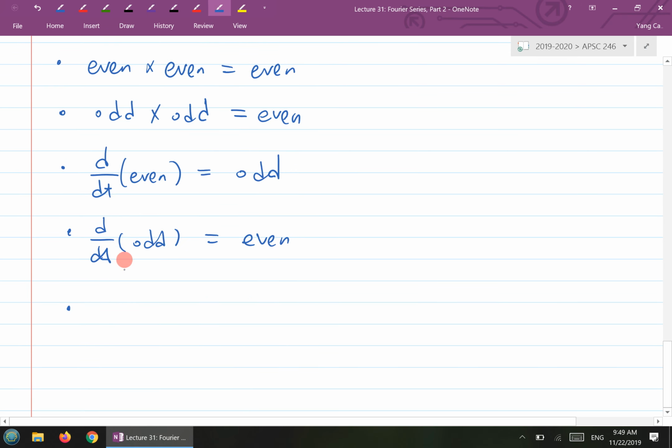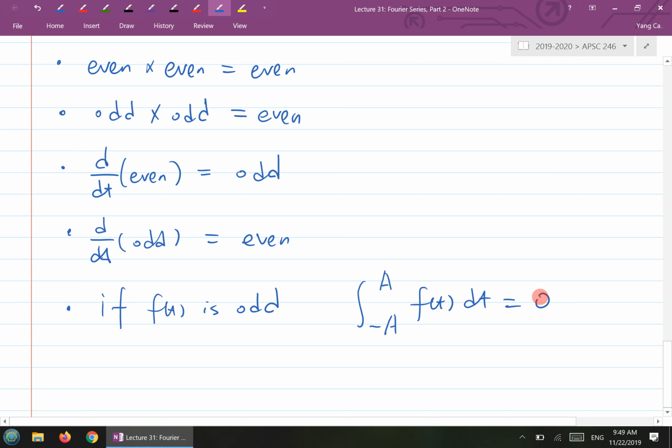And now, if you're integrating, let's say f of t is odd, and you're integrating this f of t from a negative number to a positive number, then you get 0.